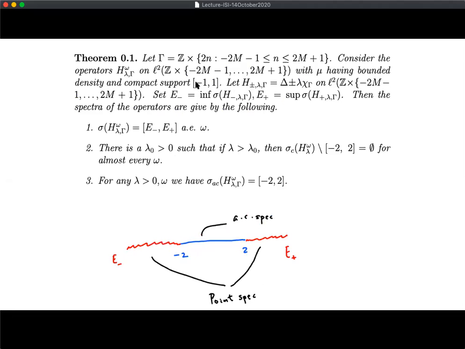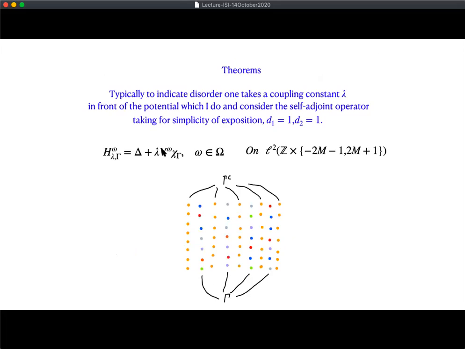And let me assume that omega n varies in the support of a measure mu. Remember that we are taking omega n's to be in the probability space omega, which has a product measure, product of mu. So mu has support from -1 to 1, so that at every point, V omega of n varies in -1 to 1 as omega varies.